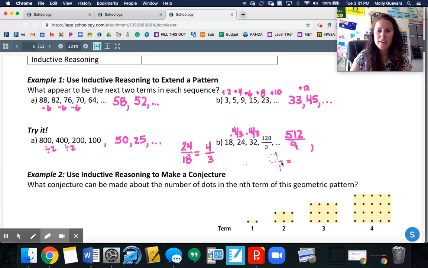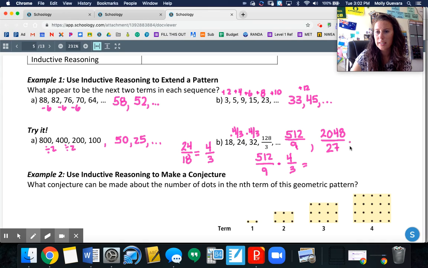Okay, and then all I'm going to do now is multiply by 4/3 again. So 512 over 9 times 4 over 3. And 512 times 4 is 2,048 over 9 times 3 is 27, and that does not reduce.